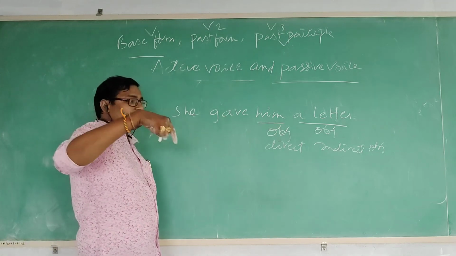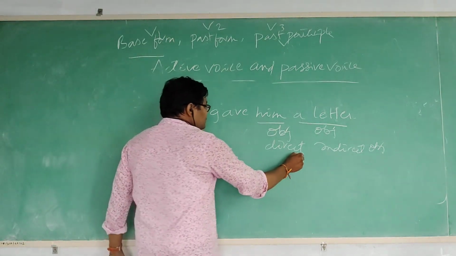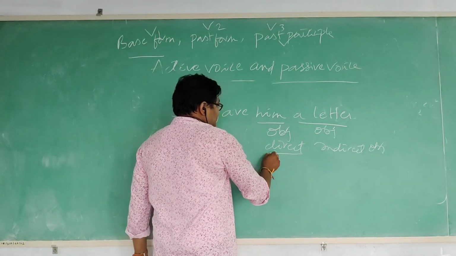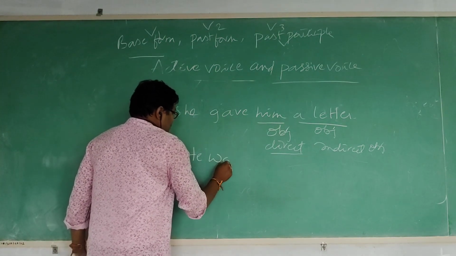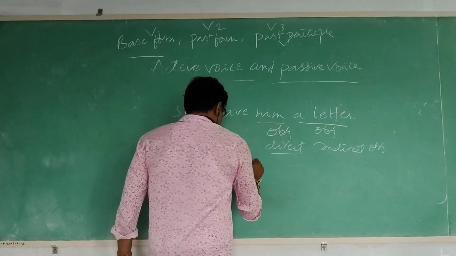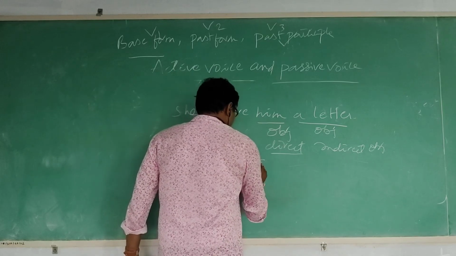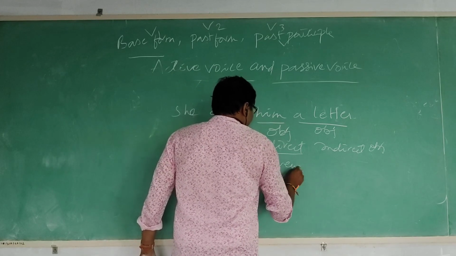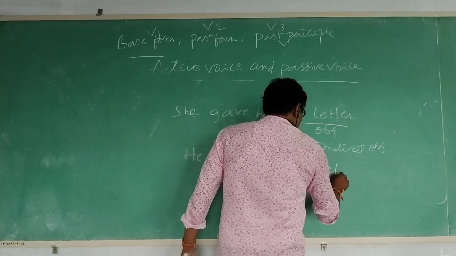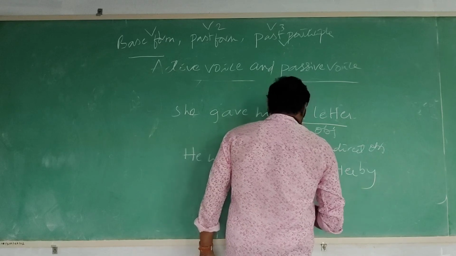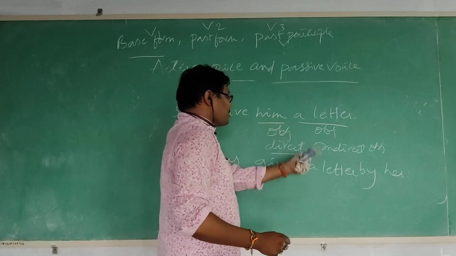We can convert this sentence in two ways. We can take the indirect object as the main object. That is, he was given a letter by her. Right? He was given a letter by her.